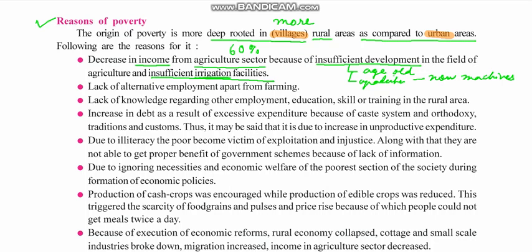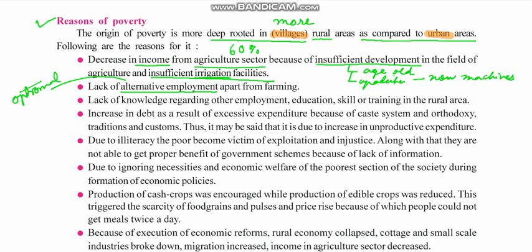Second, lack of alternative employment. Now understand this word, alternative employment. What does alternative mean? Alternative means another, optional. So there is no optional employment. Now many a times it happens that during monsoon or during certain season, the agriculture sector is not working as it should be.